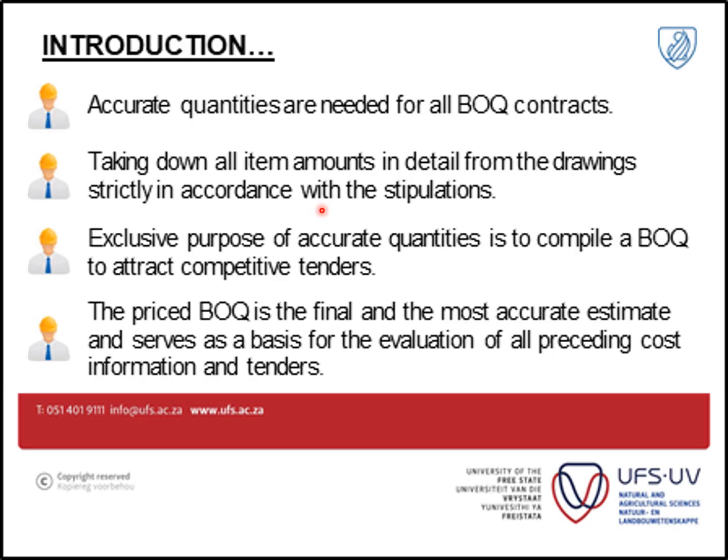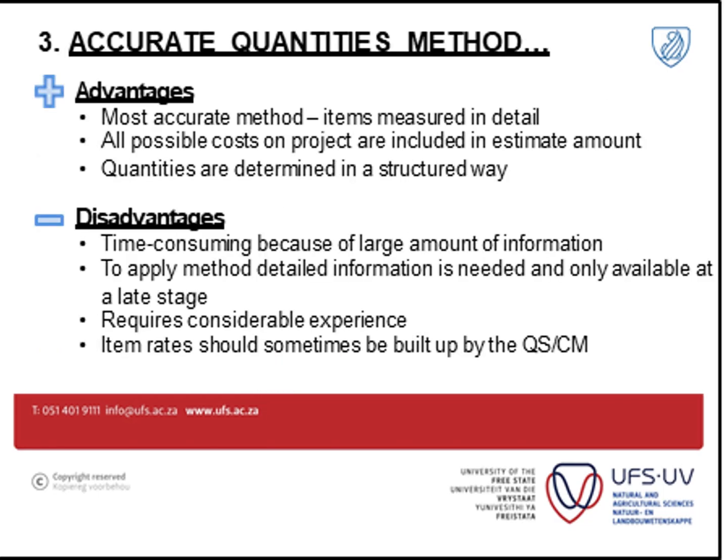There's a whole lot of different measurement systems that you can use. The exclusive purpose of accurate quantities is to compile a BOQ to attract competitive tenders. Then the priced BOQ is the final and most accurate estimate and serves as a basis for the evaluation of all preceding cost information and tenders.